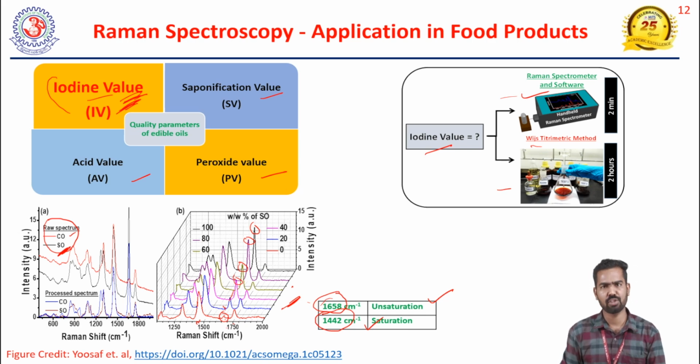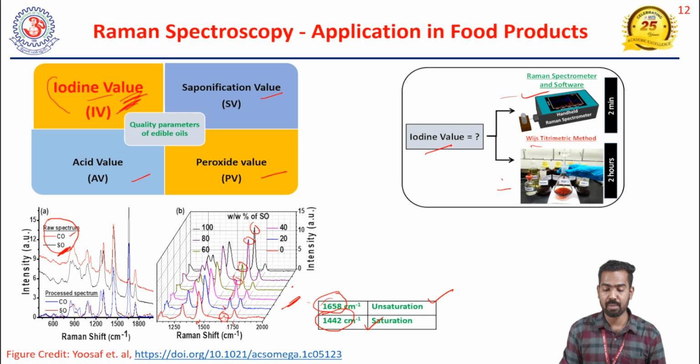LabVIEW is one of the software we use for making small GUIs, like your mobile phone screen. We made this software based on the Raman spectral analysis of these different types of oil. And finally, our result is very important.